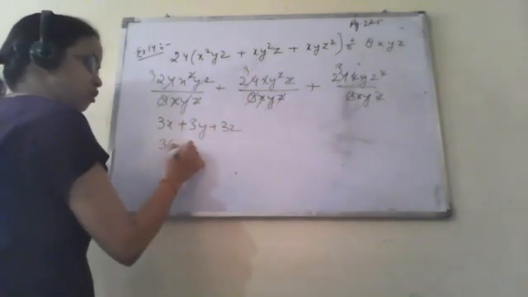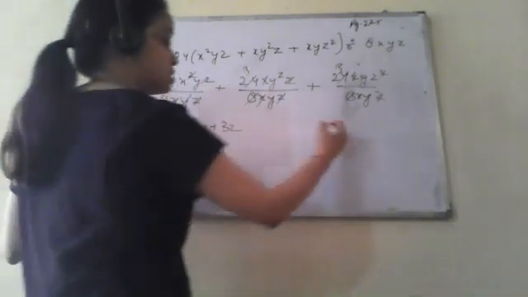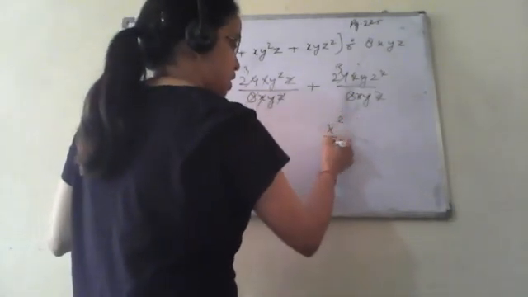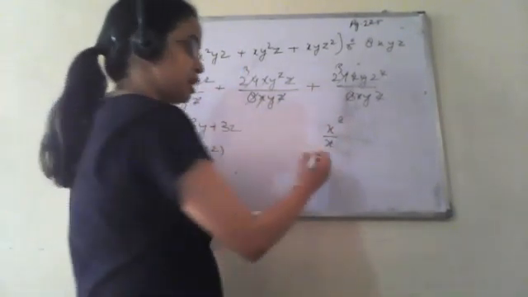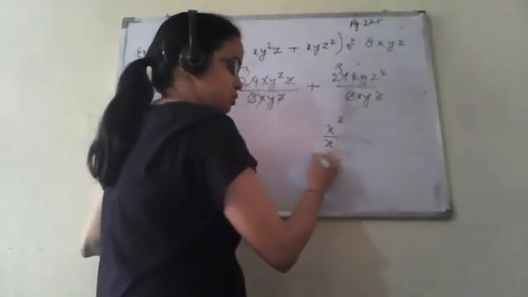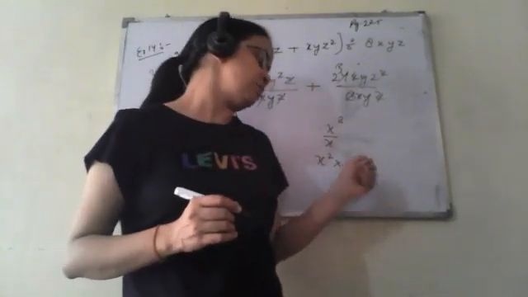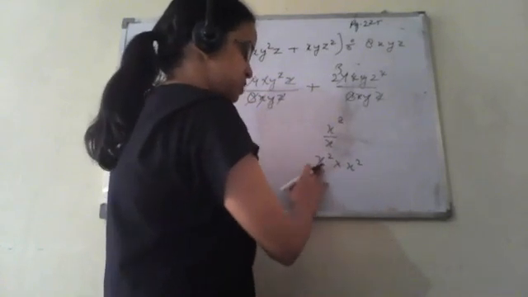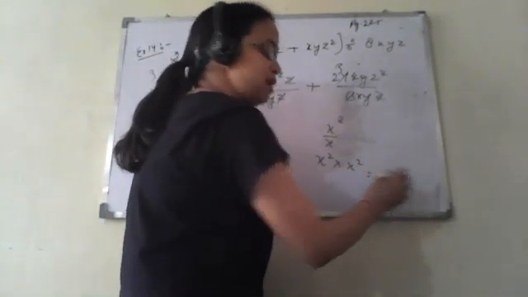We'll take 3 out common from here. This will be 3 into x plus y plus z. Now I am saying that one of the powers will get cancelled. As in the case of multiplication, I have told you when two exponential variables are multiplied and their bases are same, the power will get added up.